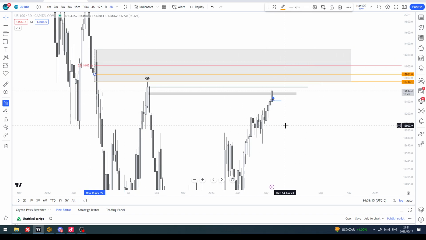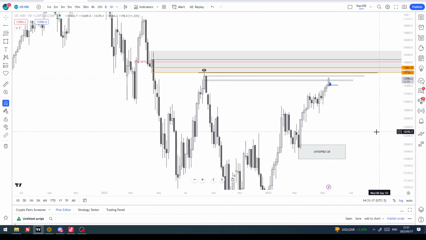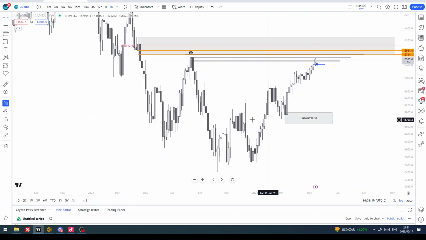So these are the levels we need to start looking at, and they're on a bit of a mission here right now, because what's happening is we could say the range is efficient up to here, right?